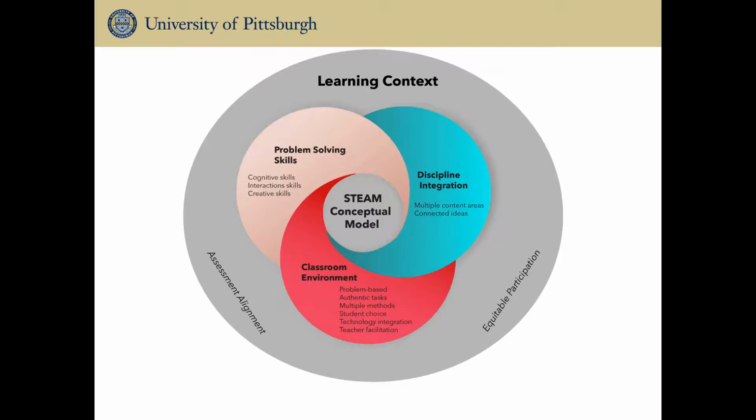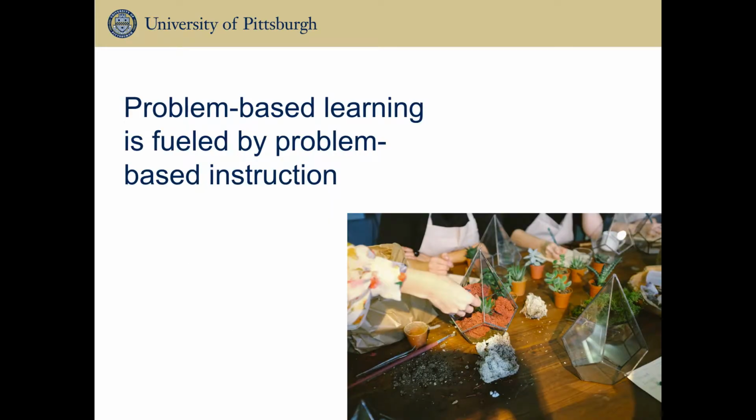In the previous course, we teased apart the classroom environment of problem-based, authentic class tasks, multiple methods, student choice, technology integration, and teacher facilitation. In this class, we are going to refer back to some of those: the problem-based, technology integration, and authentic tasks. Ultimately, we're doing all of this so our students become better problem solvers, that they develop those cognitive skills, the ability to work together, and become really creative learners.